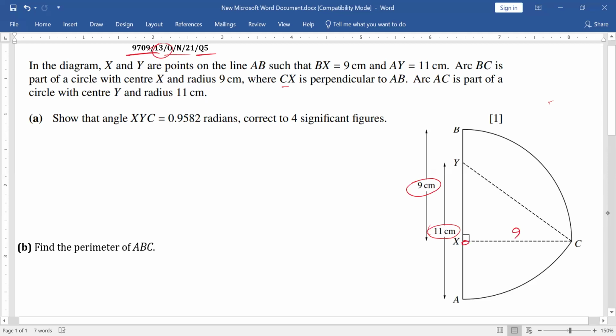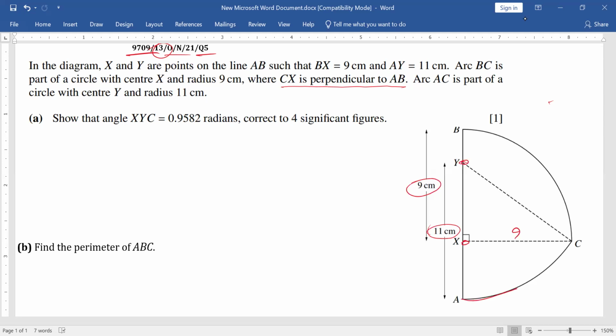At the same time, CX is perpendicular to AB, and arc AC is part of a circle with center Y and radius 11.